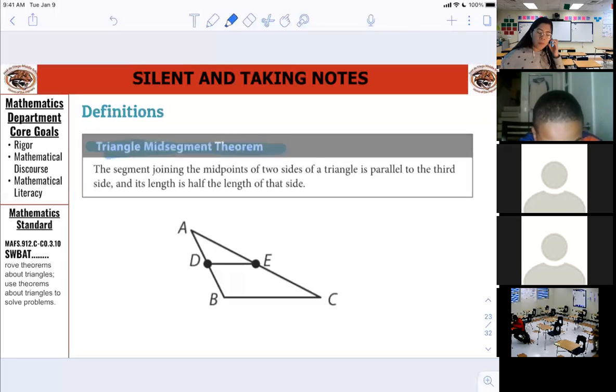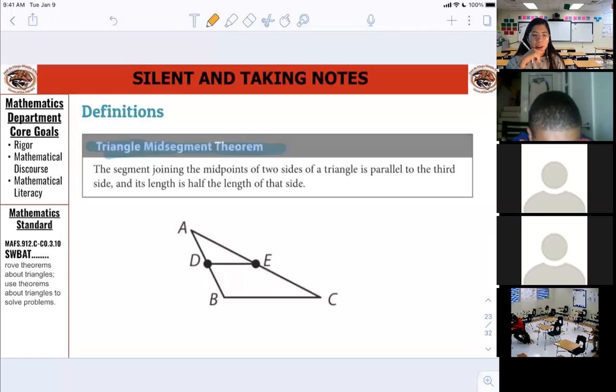Okay. If you're not done writing, keep writing. Let's label this diagram. So copy down triangle ABC with midsegment DE. Go ahead and copy it down as best you can. It doesn't have to be perfect, but make sure you label each of those vertices and the points D and E. And we're just going to mark it up a little bit.